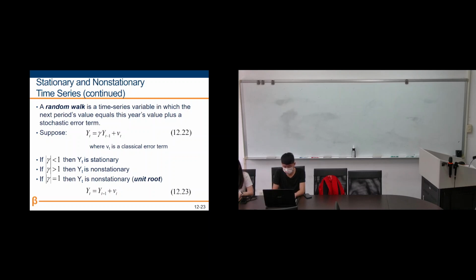So the current yt is affected by the previous yt minus 1 with the coefficient gamma. And if the absolute value of gamma is less than 1, then yt is called stationary. What do we mean by gamma equal to 1?